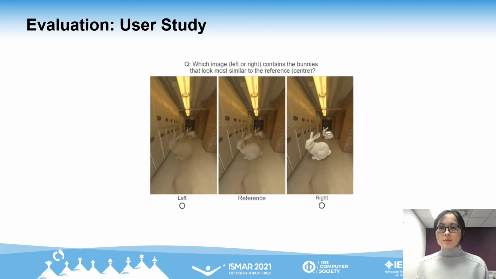We conducted a pairwise comparison user study to evaluate how well our lighting estimation performs. Users were presented with pairs of images that contain virtual objects illuminated by lighting produced by our method and one of the other state-of-the-art methods. Using the ground truth as a reference, participants were asked to select which image had a virtual object that is most visually similar to the reference.